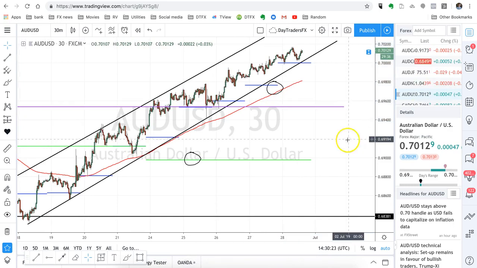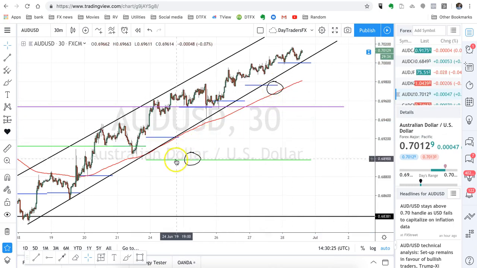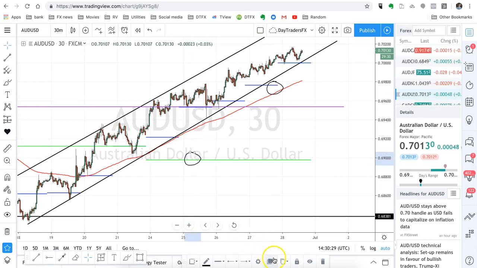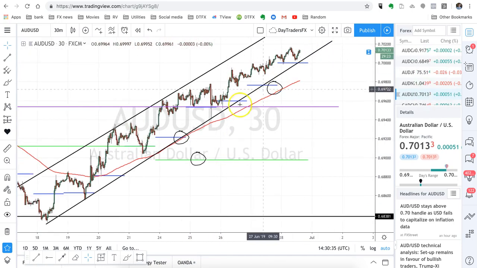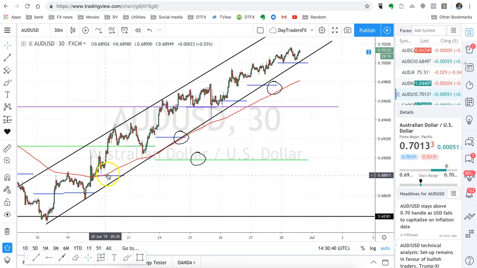We have a nice little channel here. We've got a missed daily pivot, a missed weekly pivot, and another missed daily pivot right here. These are all lower targets that we are looking for the market to come down and hit.